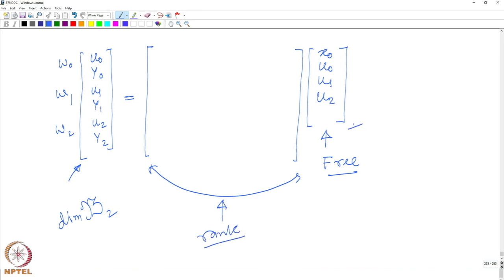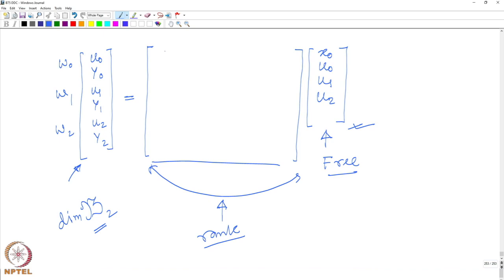Because when this acts on the free vector, B2 essentially is the image of this matrix, the dimension of this subspace B2 must be the dimension of the image of this matrix. Dimension of the image of the matrix is the column rank, and column rank is equal to row rank, which is the rank of this matrix.